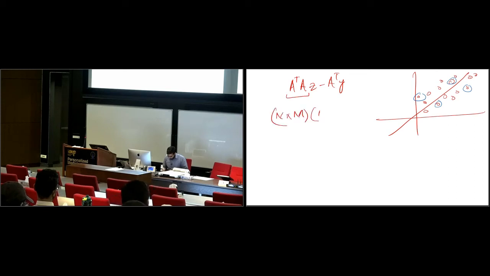What it would change is the gradient that we were trying to find here, which was A transpose A z minus A transpose y, where these matrix products were n times m and m times n. Rather than using the entire m, we are using a small number which I would represent by small m.